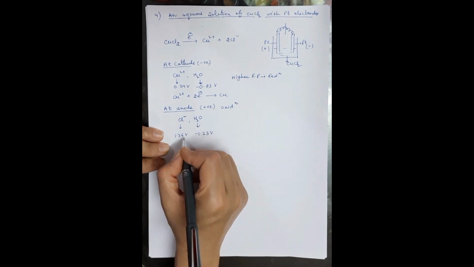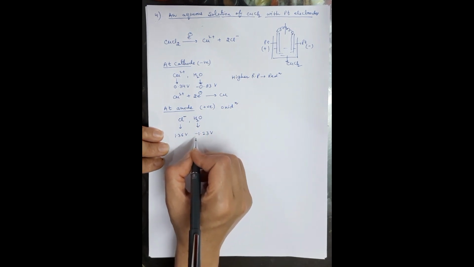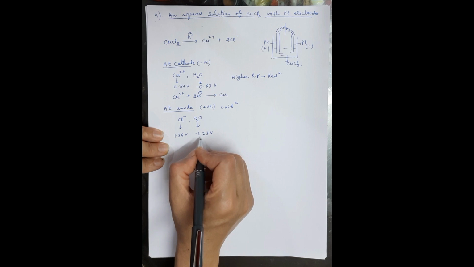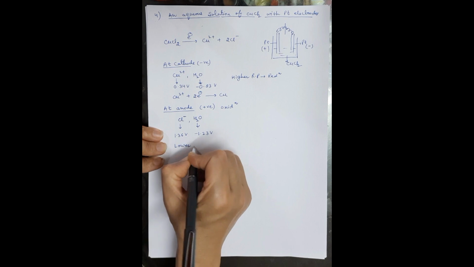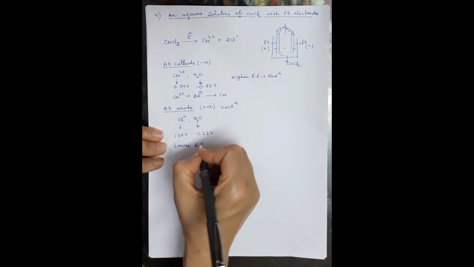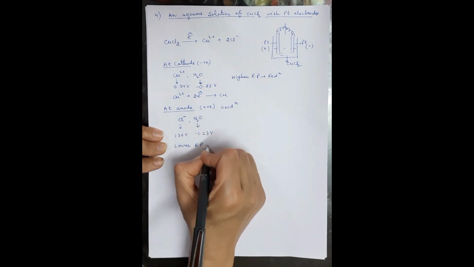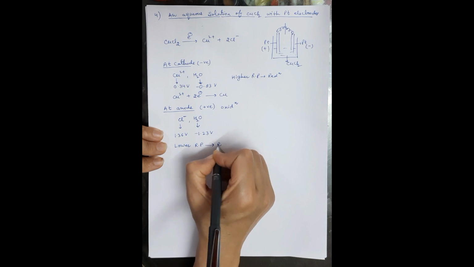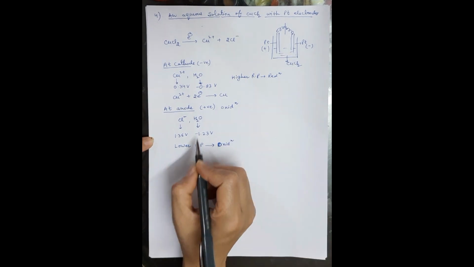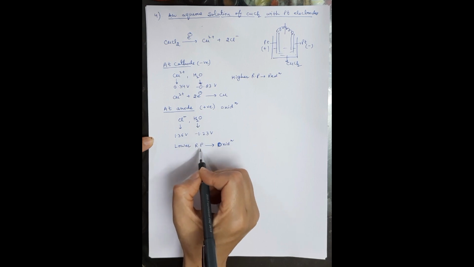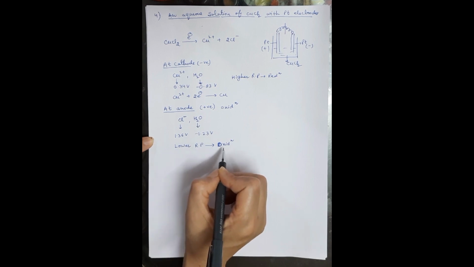We already know, one which has lower reduction potential will undergo. So according to the rule, lower reduction potential, one which is for water, will undergo oxidation. As water has lower reduction potential, it should have undergone oxidation.